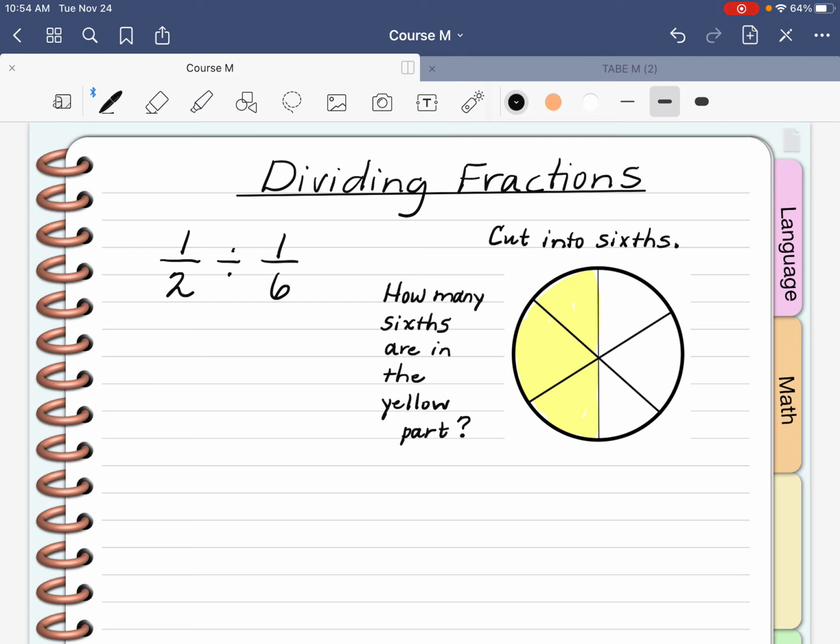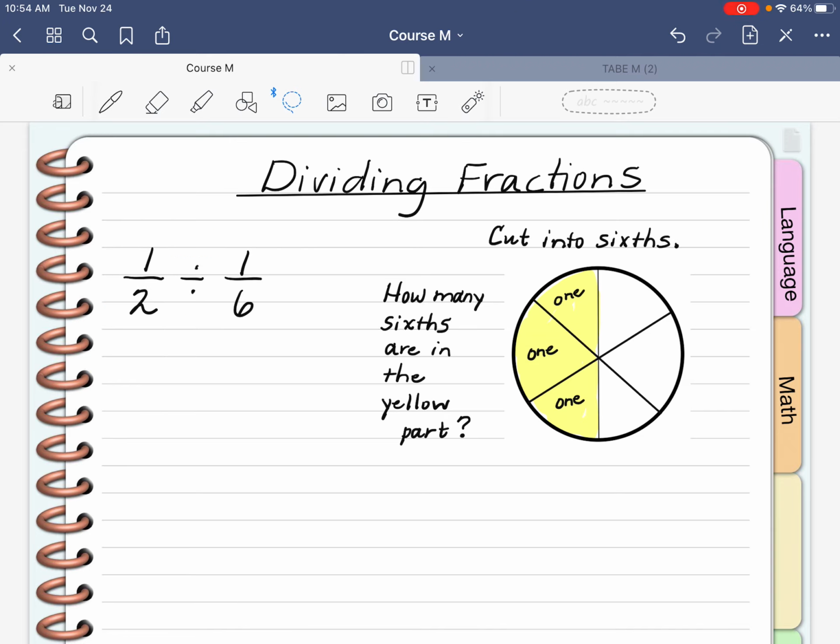So how many of those sixth pieces are in the yellow part? Well, here's 1, here's 1, and there's 1. That's a total of 3. So I think that 1/2 divided by 1/6 will give me an answer of 3. But let's see if it does.